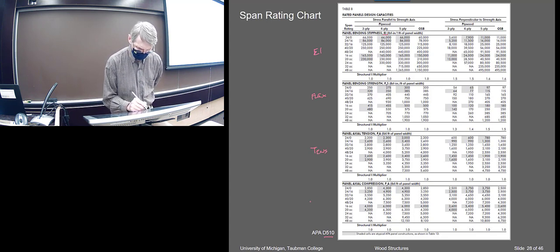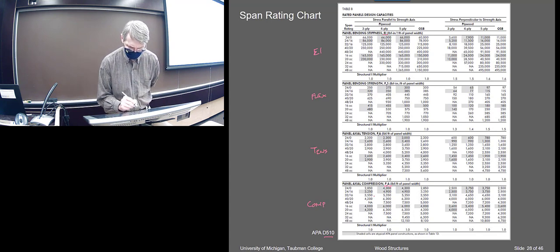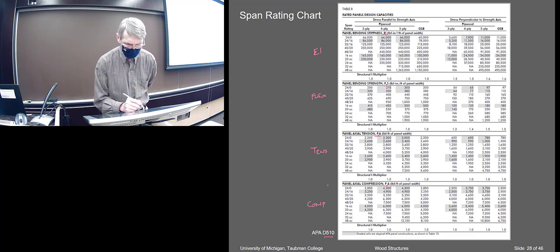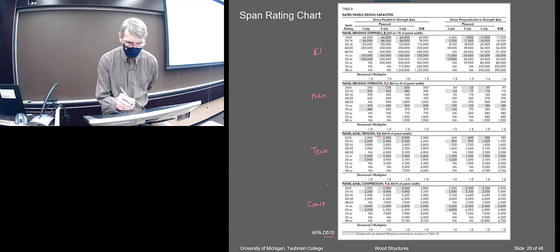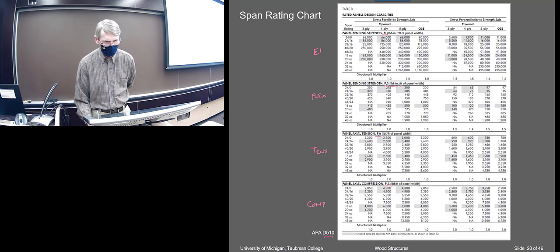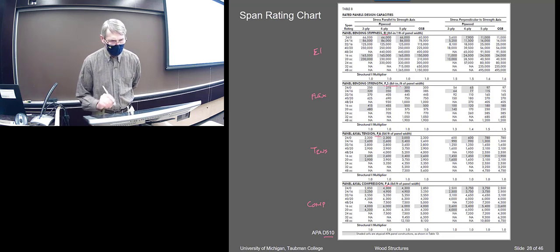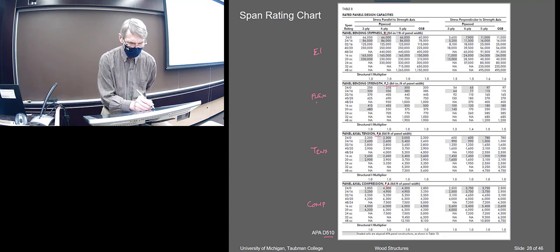This one is compression. So they're in terms of force: stress times area, stress times area, stress times section modulus. So this would be a moment then, in inch pounds per foot.